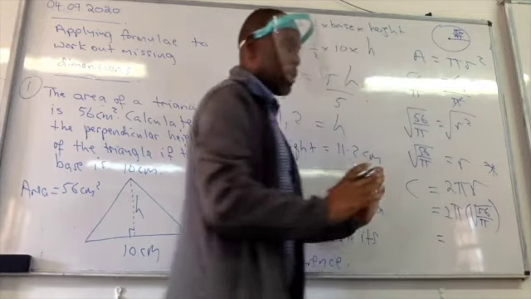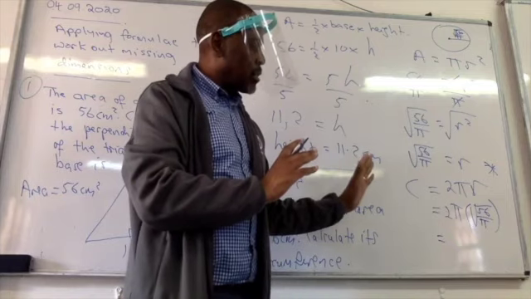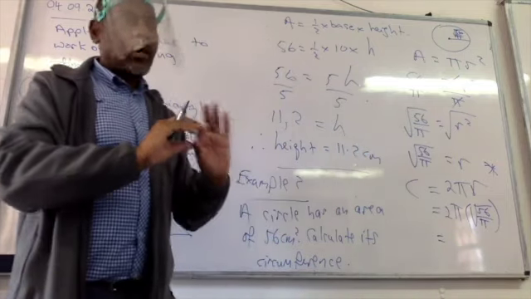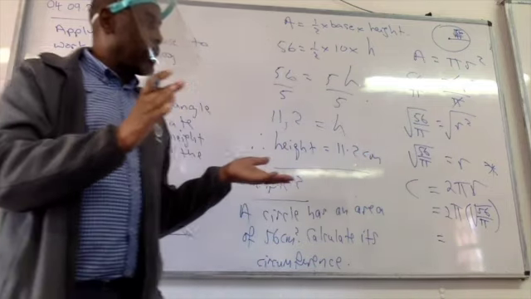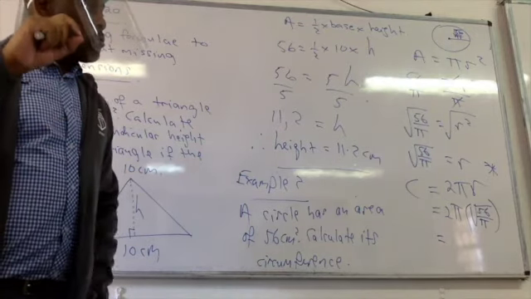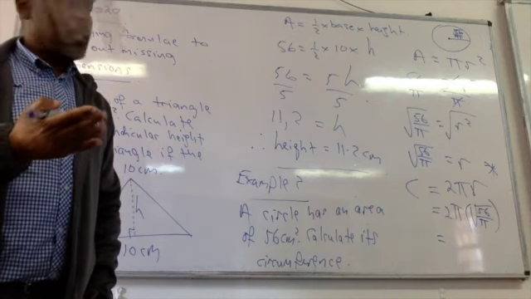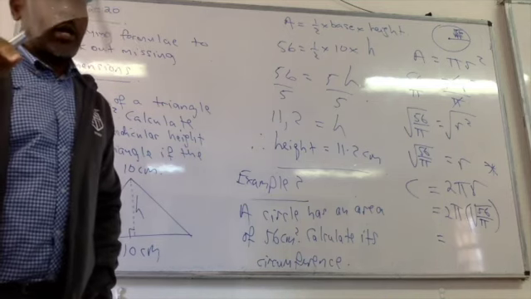Now you can take your calculator and write everything as it is in your calculator, and then press the equal sign. But before you do that, see if you can leave your answer in terms of pi. In other words, just use the pi in your calculator.